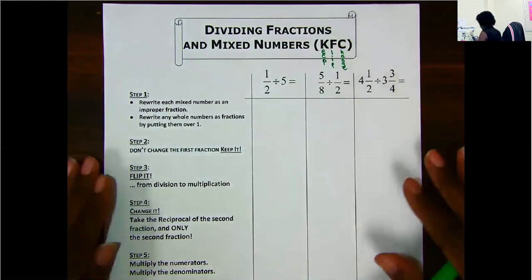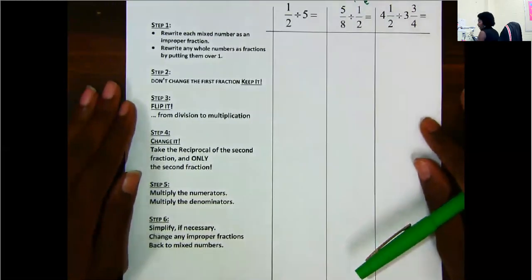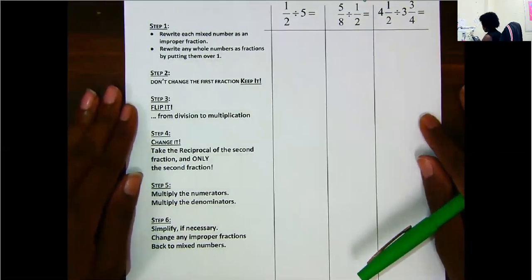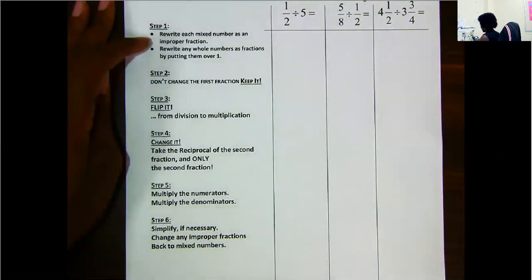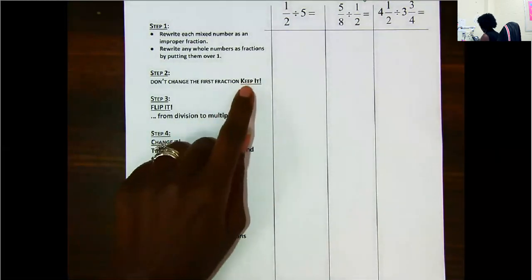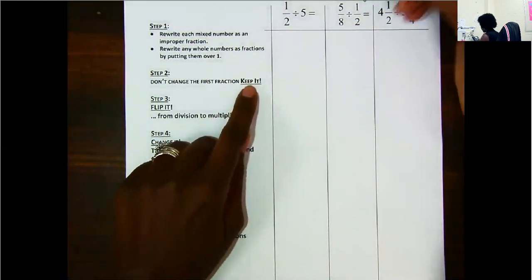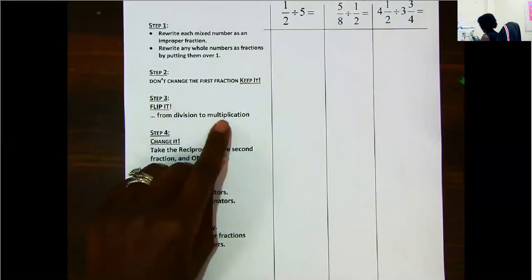So let's look at our steps that we have to go through. Step 1 tells me to rewrite each mixed number as an improper fraction. Rewrite any whole numbers as fractions by putting them over 1. Step 2, don't change the first fraction. Keep it. There goes our K. Step 3, flip it from division to multiplication.